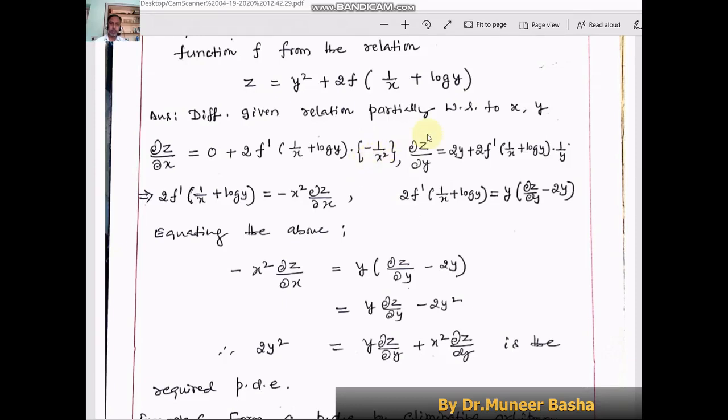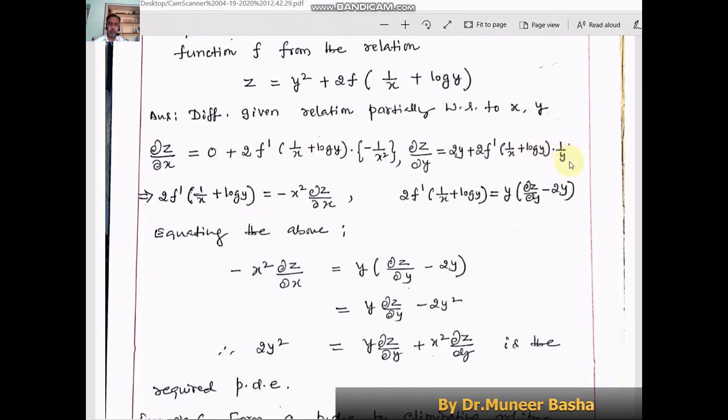Here the 0 is not mentioned. And with respect to y, dou z by dou y is equal to 2y, since the derivative of y square is 2y, plus 2 into f dash of 1 by x plus log y, and for the term inside, the derivative of 1 by x is 0, and the derivative of log y with respect to y is 1 by y.